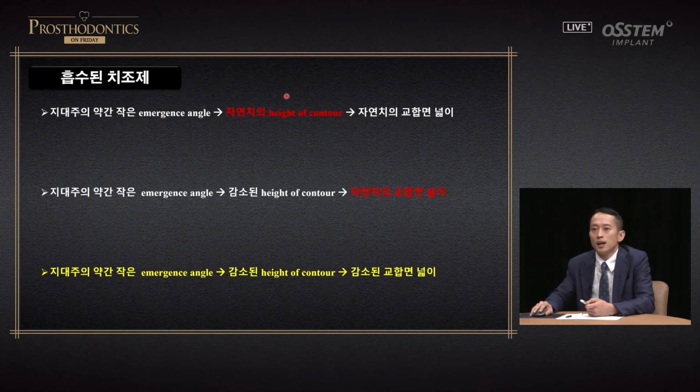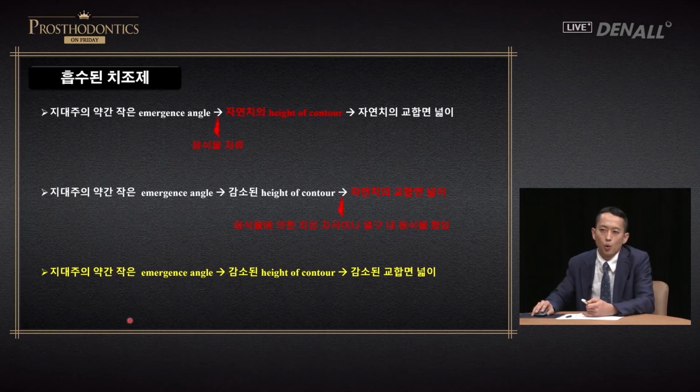If you use a small abutment and make height of contour and occlusal table that is similar to natural teeth, then here food impaction is going to occur. If you use a smaller abutment with smaller height of contour and make large occlusal table that is similar to natural dentition, the crushed food is going to irritate gingiva or is going to be stuck.